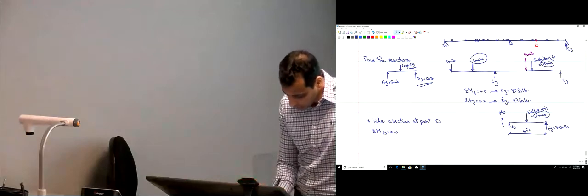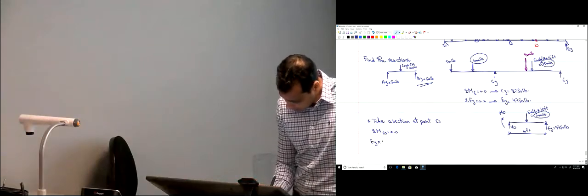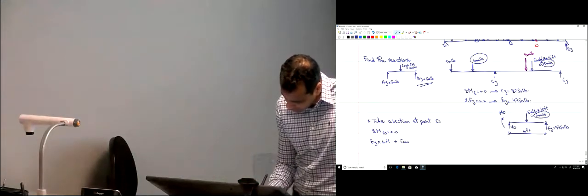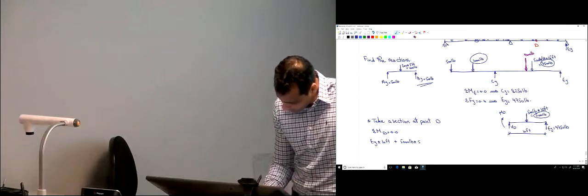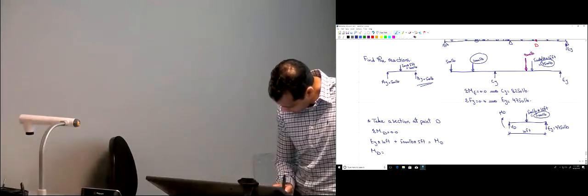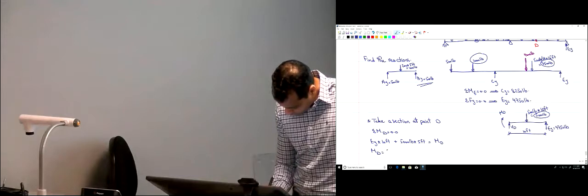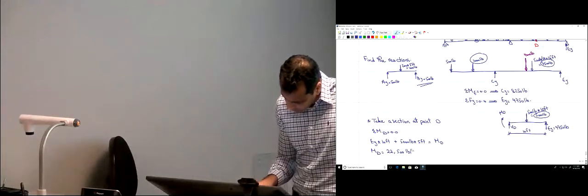So you're going to have EY times 10 feet plus the 5,000 pounds times 5 feet equals MD. So MD is going to be equal to 22,500 pound foot.